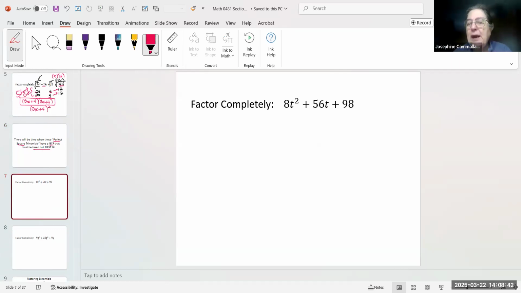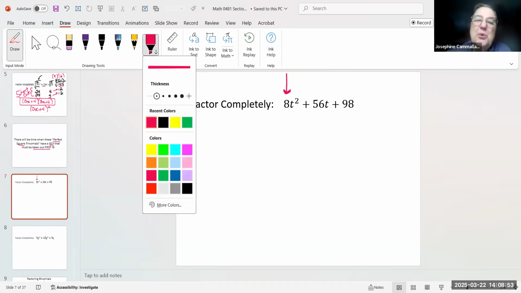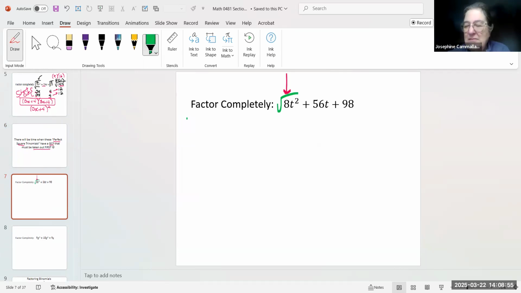Okay, here's our problem. Now, first off, I have an 8. If I take the root, because remember we want the square root, we want the perfect square. Well, 8 is not a perfect square.